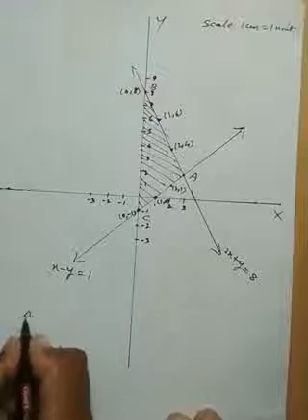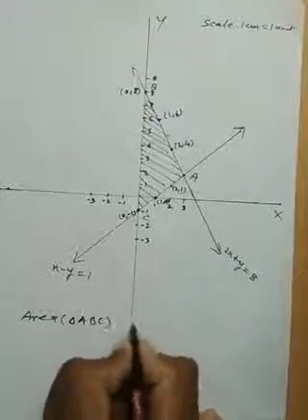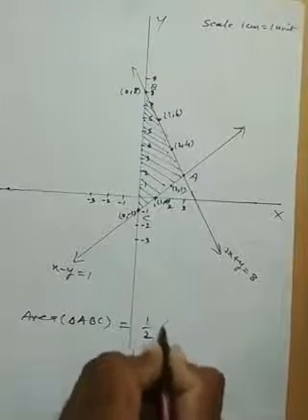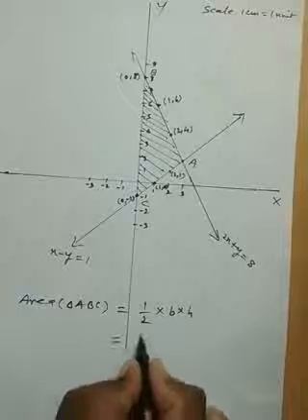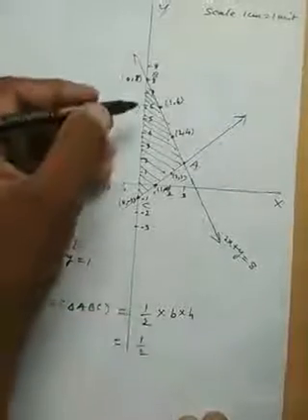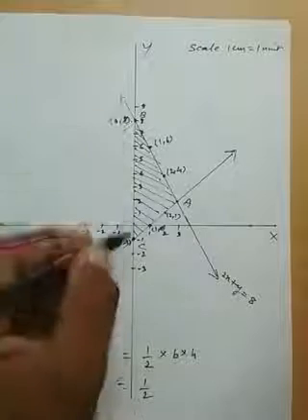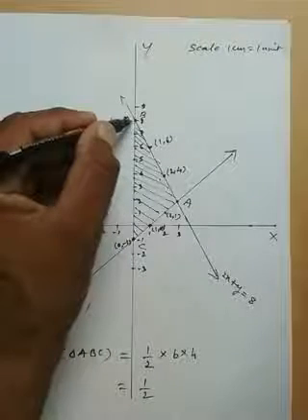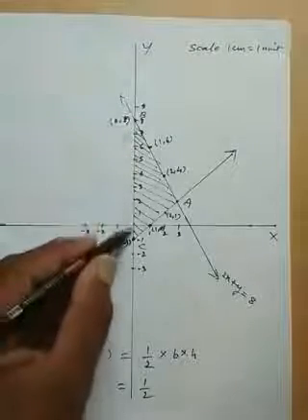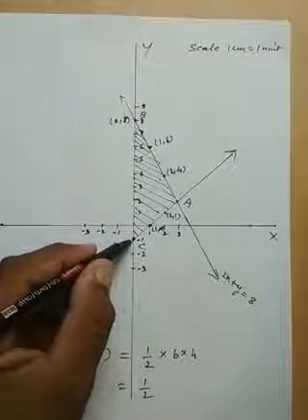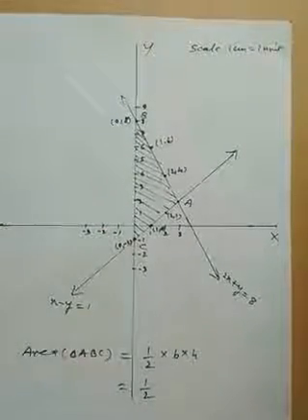So the area of triangle ABC. Area of the triangle is half into base into height. So here half, and the base can be calculated in this way. This part is 8, from 1 to 8, and on the below side it is 1. So the total length is 9.